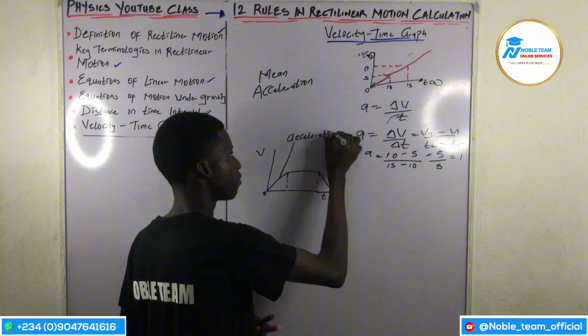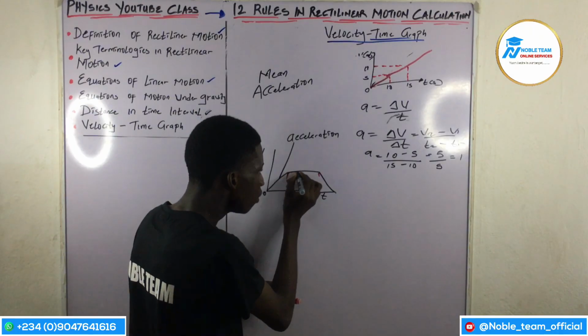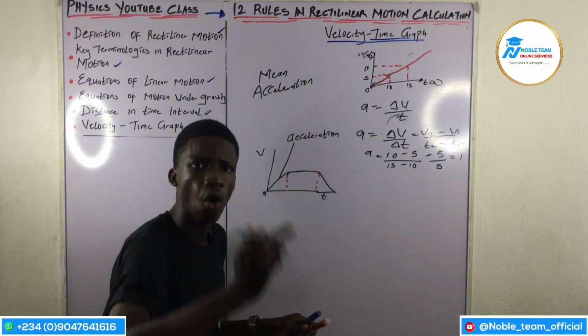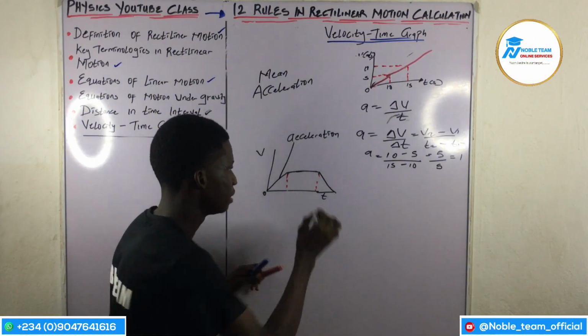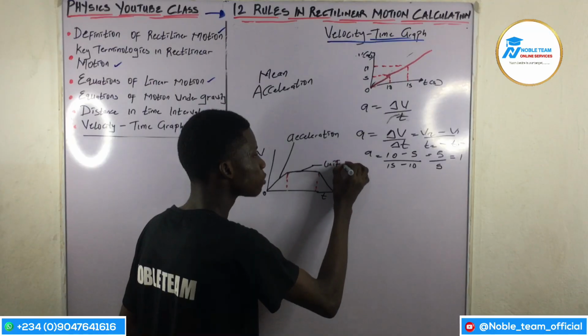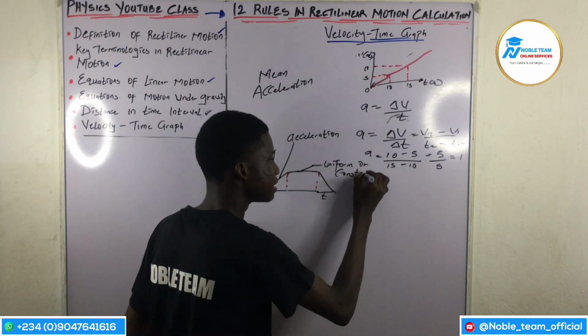Then this straight line that is moving horizontal, we call it uniform or constant velocity.